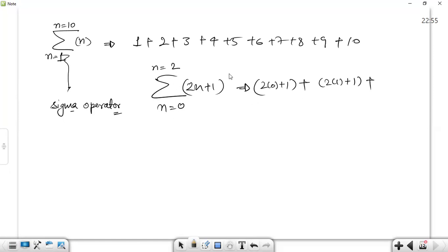Now for n equals 2, that is 2 into 2 plus 1. So this is basically 1 plus 3 plus 5. So 9 is the answer. Clear? If there was a square, it would also be applicable here. The answer will change this time: 1 plus 9 plus 25, and that is 35. Clear? Any doubt about the sigma operator?